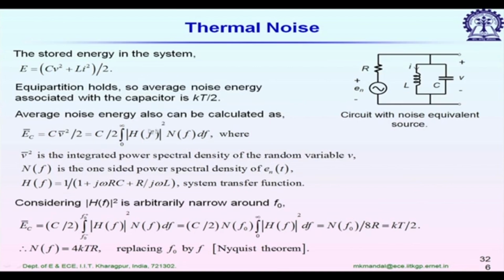We have also seen that if a tank circuit, an LC resonator, is connected to this noisy resistor, then the total noise power kT is divided into two parts, and half is stored in each inductor and capacitor. That also we proved.